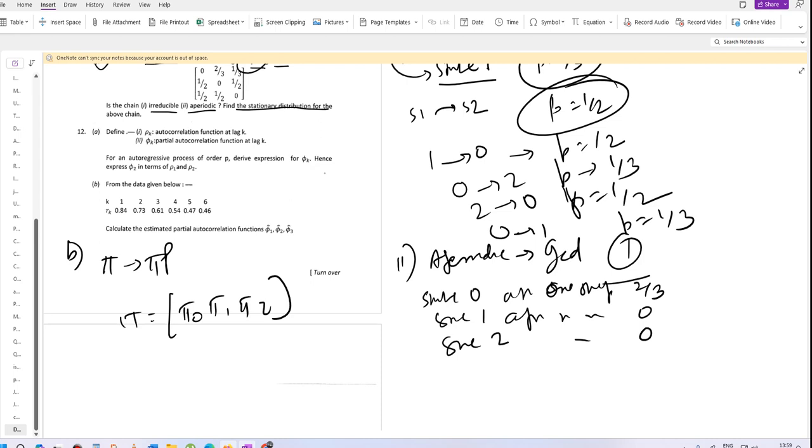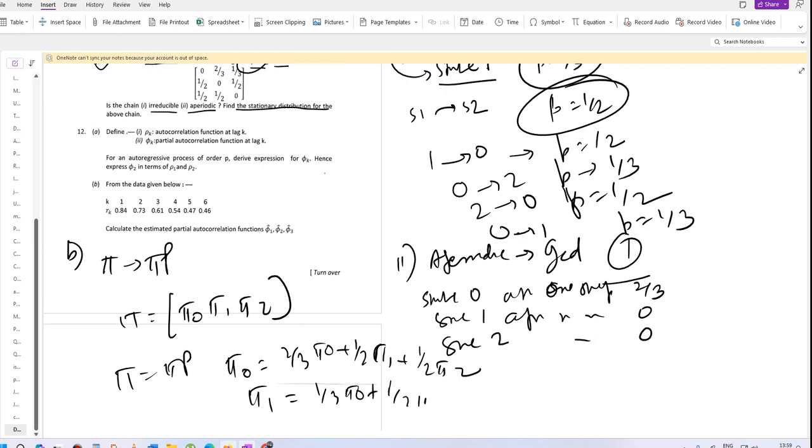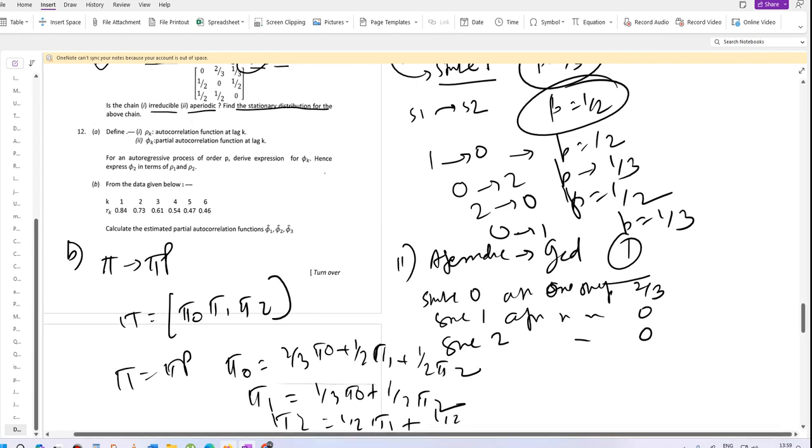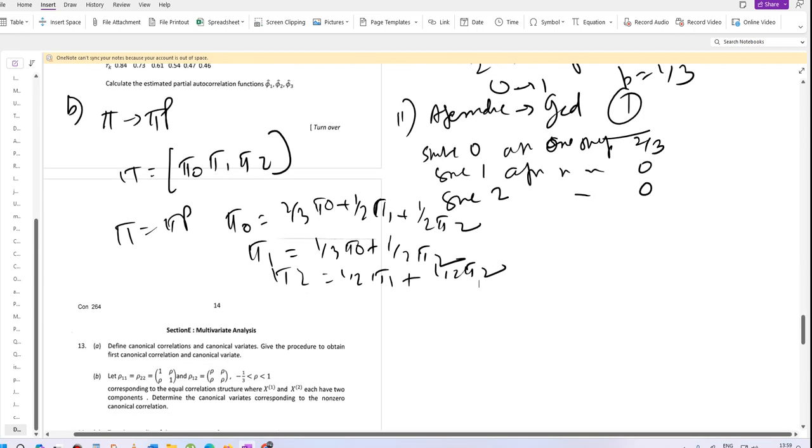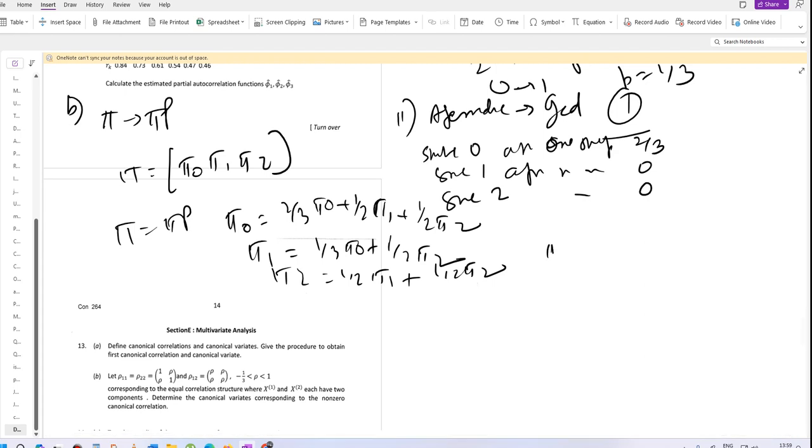In the stationary distribution, substituting the given TPM, pi equals pi P. So pi 0 is 2 by 3 pi 0, plus half pi 1, plus pi 2. Similarly pi 1 is 1/3 pi 0, plus half pi 2, and pi 2 is half pi 1, plus half pi 2. Additionally we have the condition that the sum of probabilities in the stationary distribution should equal 1, so pi 0 plus pi 1 plus pi 2 equals 1.